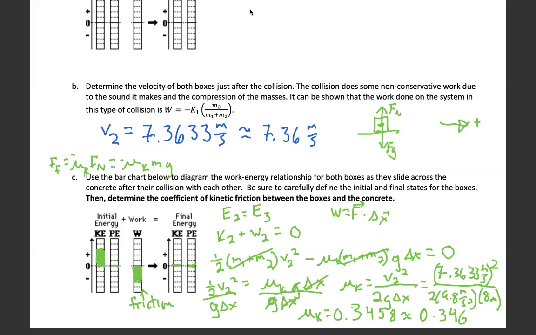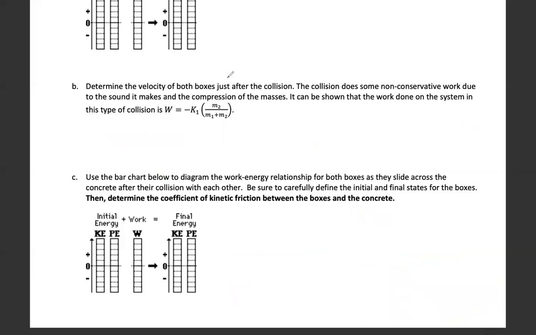Real quick, I'm going to clear everything and show how you could have done step C if you knew about this in prompt B. We could have done that whole thing in one step if we understand that energy is conserved. Instead of going E0 to E1, E1 to E2, E2 to E3, we could just say E0 equals E-anything.